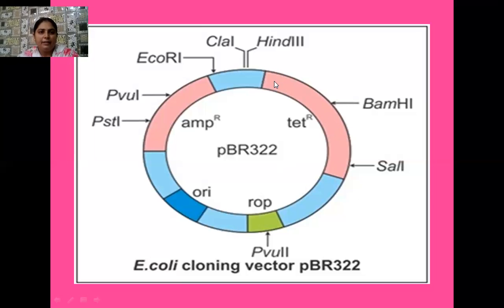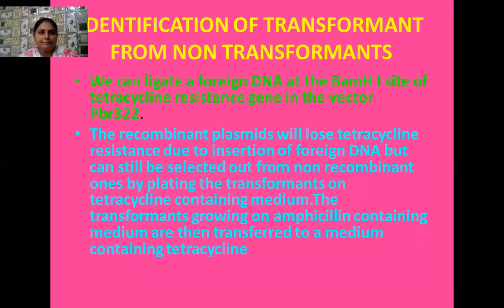Earlier they could easily grow over the plate; now they cannot show this kind of property. Okay, students, this method is used for the identification of transformants from the non-transformants.